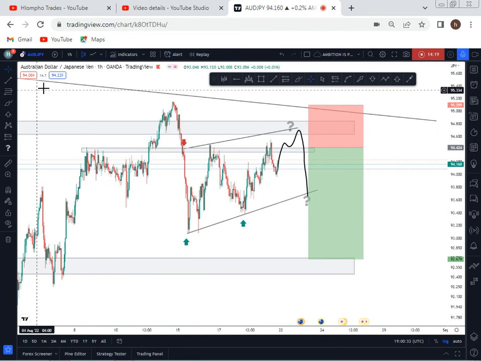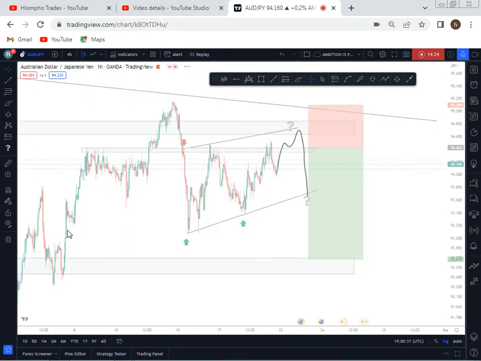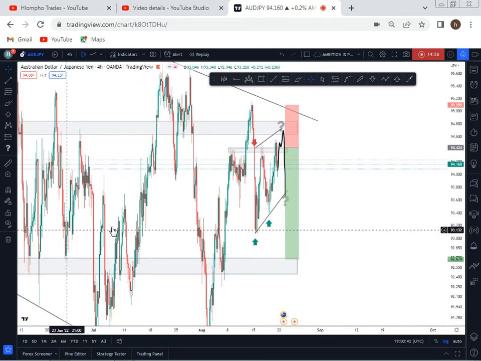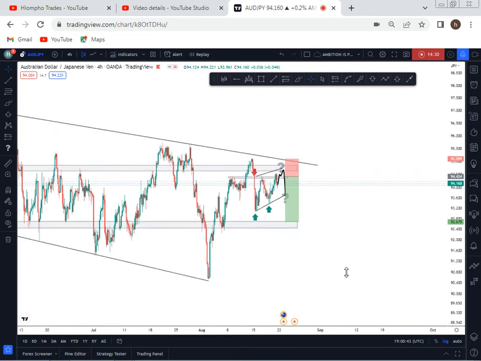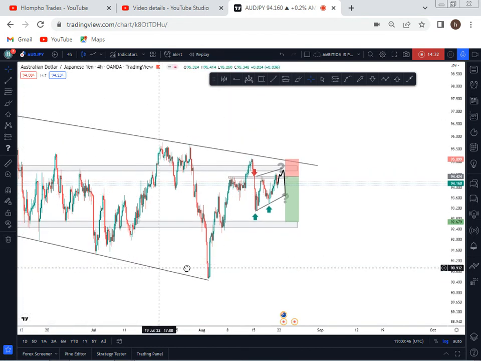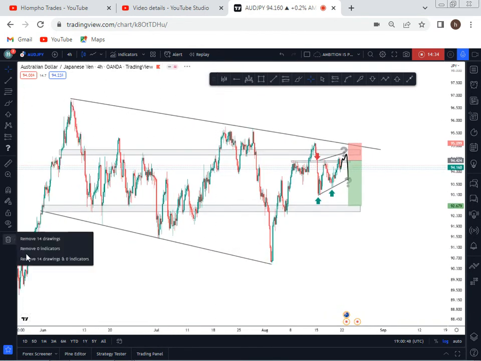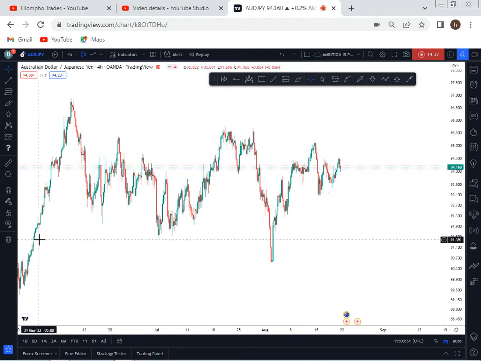So now we have to move to another currency pair, which is AUDJPY. Let me just also clean it.